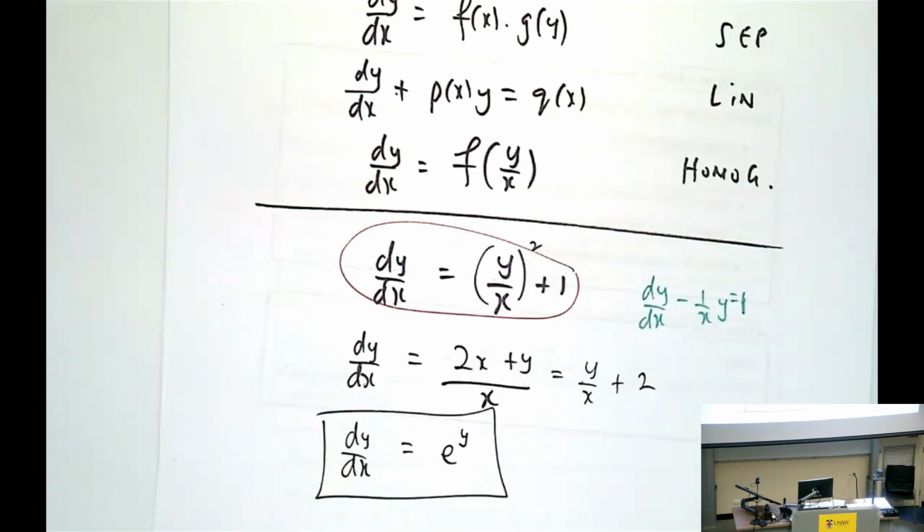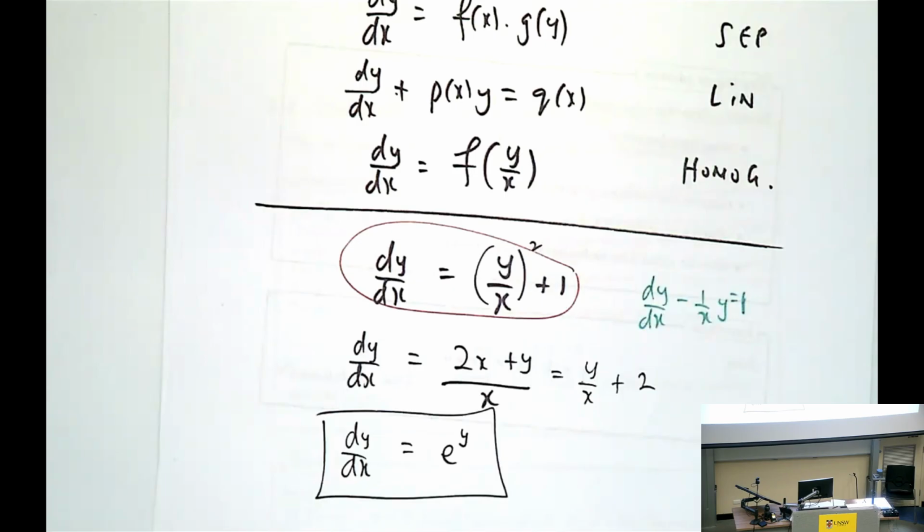I was just going to ask, if it has a y on x term, does that mean that it's homogeneous? Homogeneous always has to have a y on x term. Yeah, exactly. If you can rearrange it so you've only got y's on x's in there, but you've got to be careful.